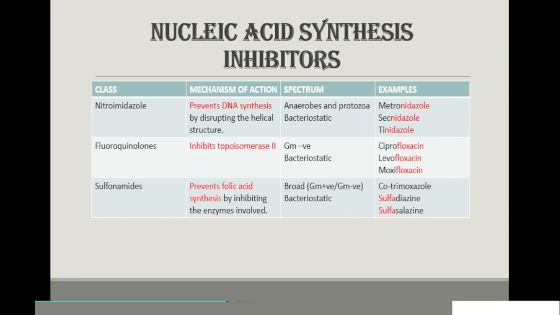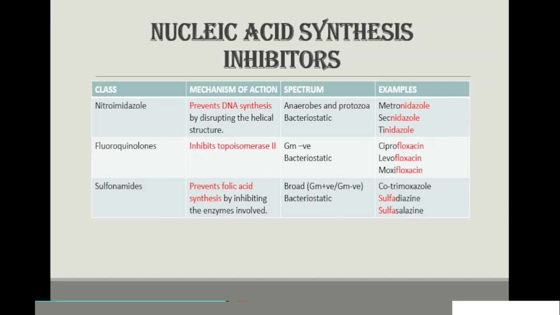They inhibit certain enzymes in the folic acid synthesis of bacteria. Bacteria can synthesize folic acid de novo, unlike us human beings, who can't synthesize it. We need dietary folic acid. So these enzymes are not in human beings. That's what makes it an easy drug target.